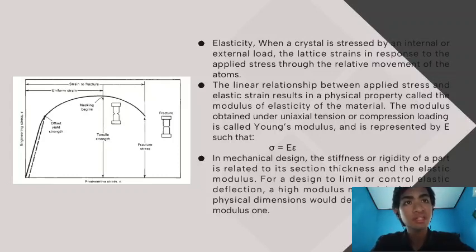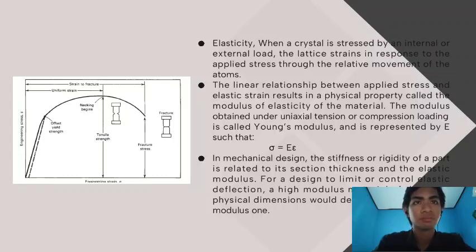When a crystal is stressed by an internal or external load, the lattice strains in response to applied stress through the relative movement of the atoms. When the load is removed, the crystal or object will return to its original size and shape, provided that all the bonds between the atoms in the crystalline lattice are not stressed to failure.